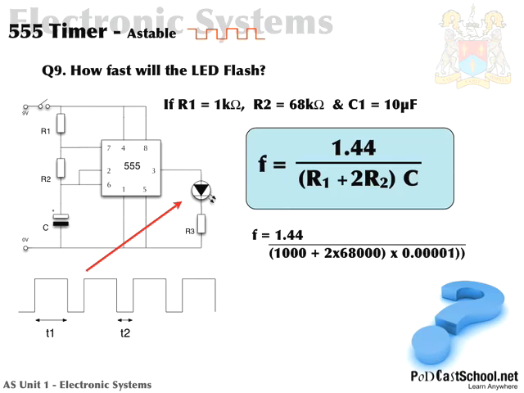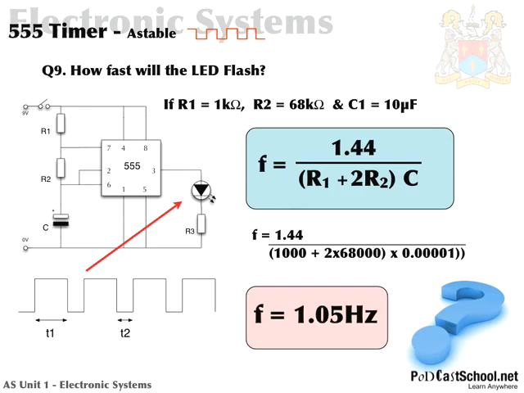And if you work all that out, you get a frequency of 1.05 hertz, so just slightly more than once a second. So in other words, this LED will flash with these values and the 555 timer at a frequency of 1.05 hertz, or about once per second.